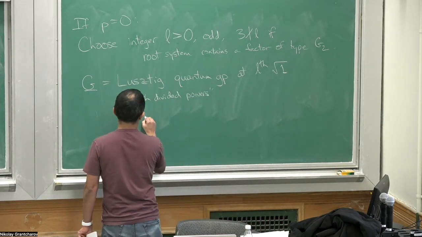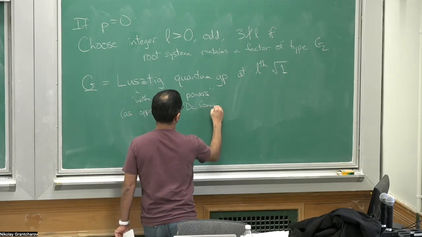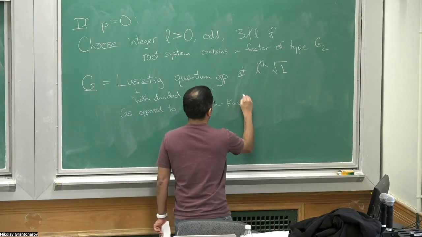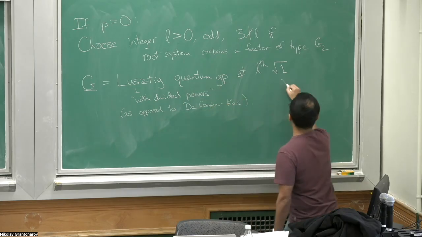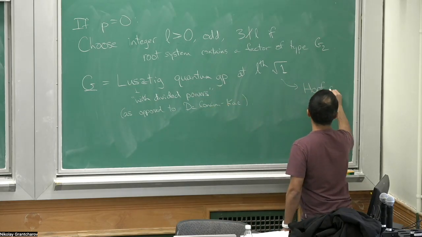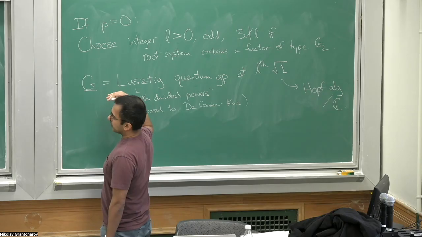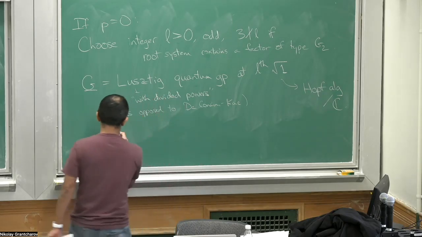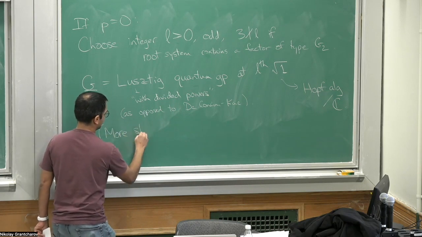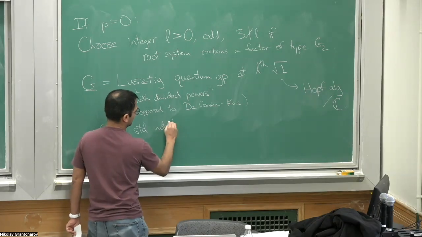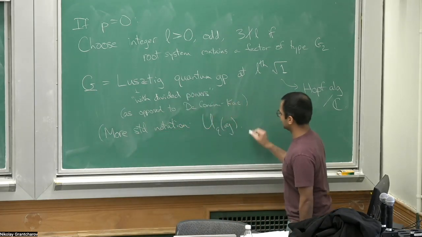I'll say as opposed to the De Concini-Kac version. The key point is that this is a Hopf algebra over C, and of course the more standard notation would be something like U subscript q of German g.